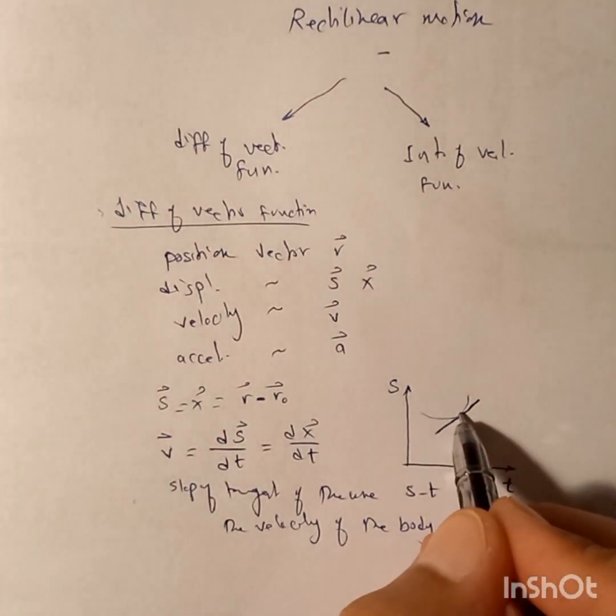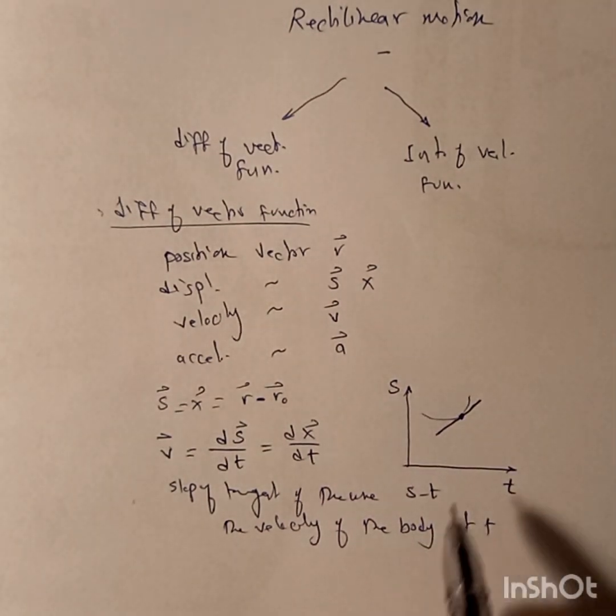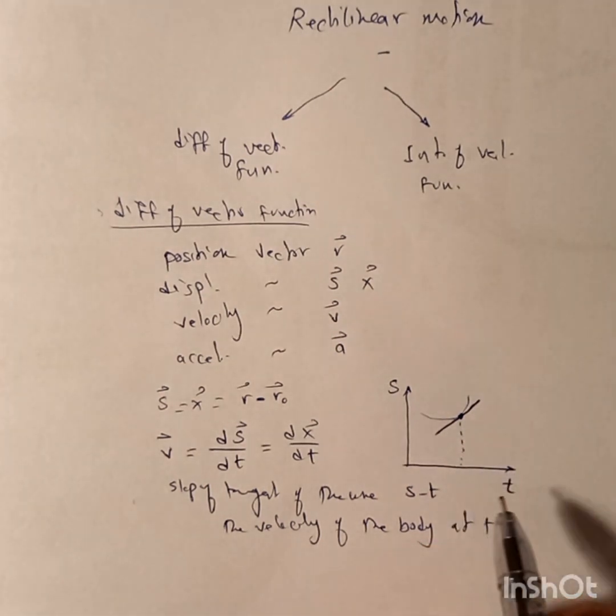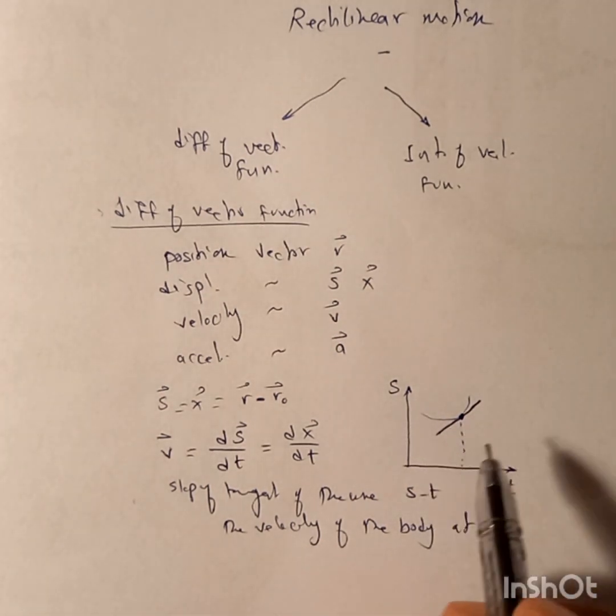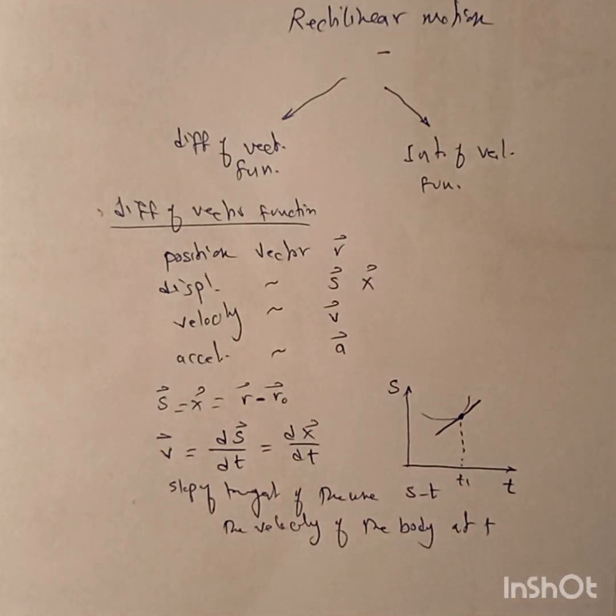Here this is representing the velocity of this body at time, for example, t1.